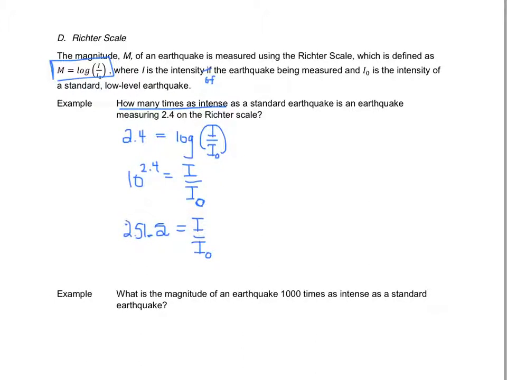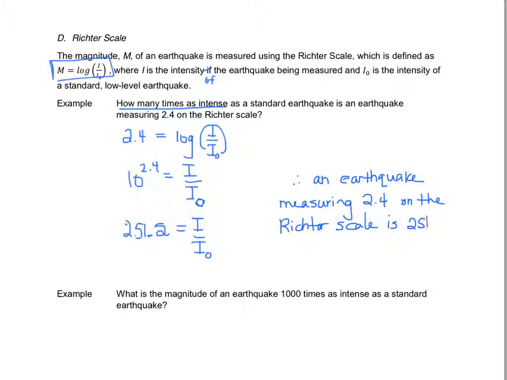So therefore, an earthquake measuring 2.4 on the Richter scale is 251.2 times as intense as a standard low-level earthquake.